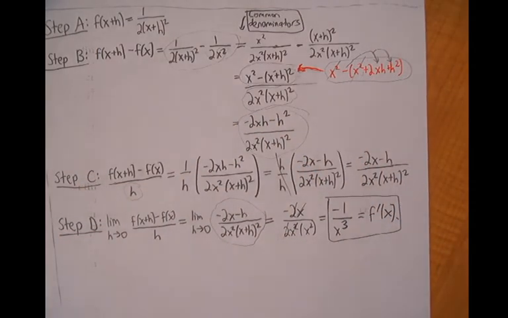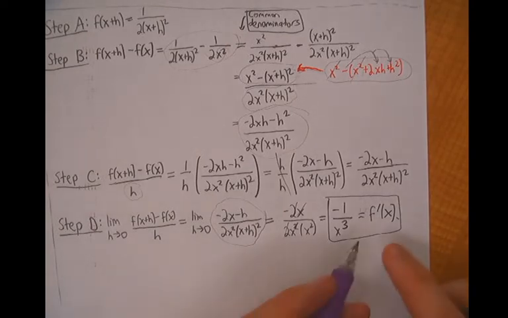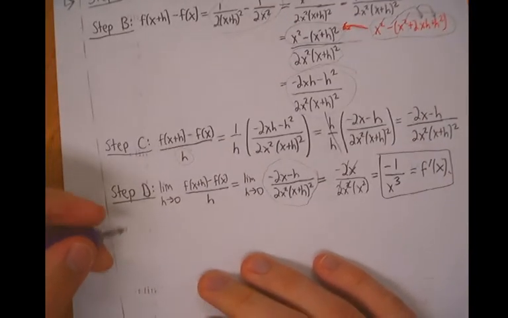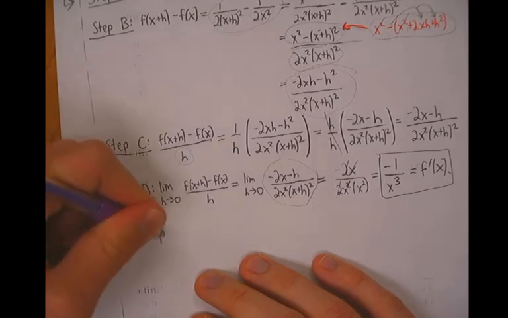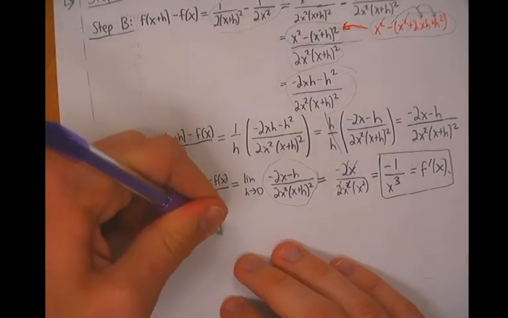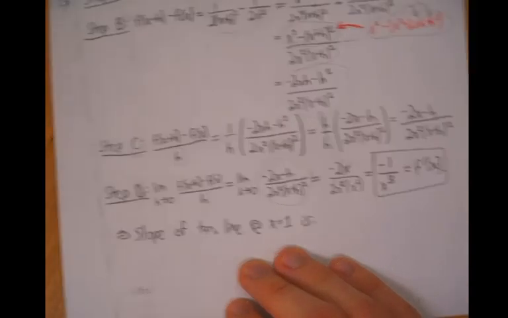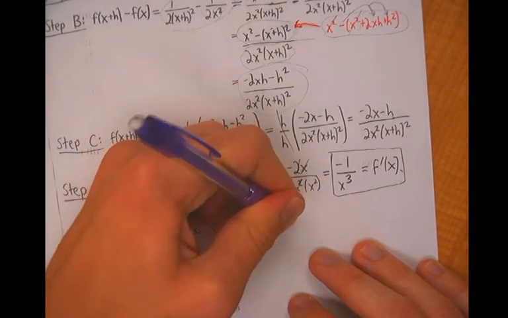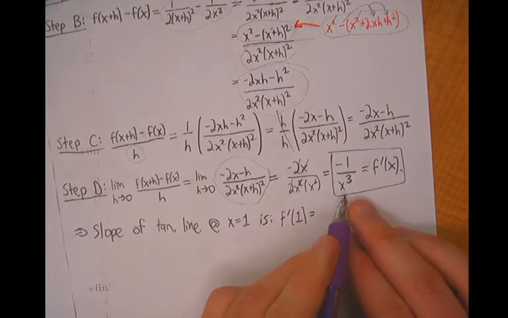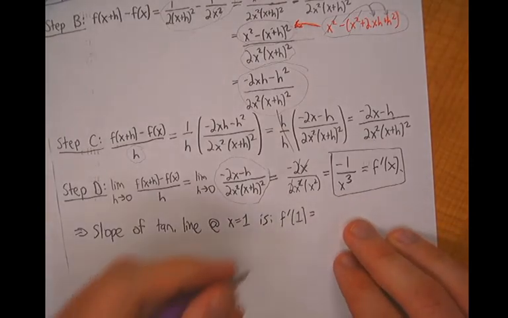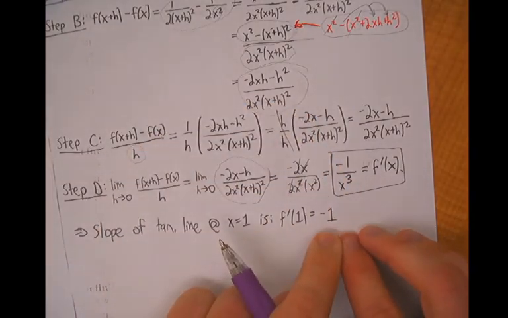All right? So now that we have the derivative as a function of x, that says, okay, if we were to let x equal 1, then that'll give us the slope of the tangent line at x equals 1. Okay? So the slope of the tangent line at x equals 1 is f prime of 1 equals, well, if you just let x equal 1 here, you'll pretty quickly get that the value is negative 1.